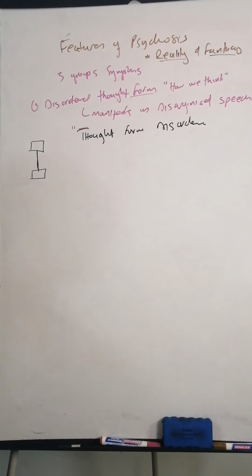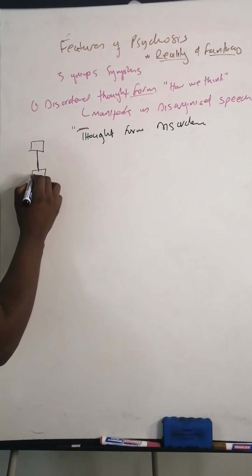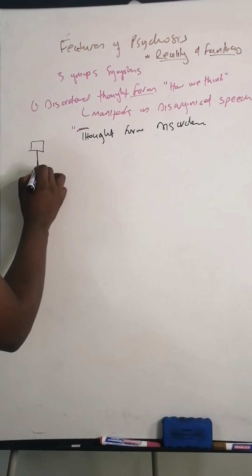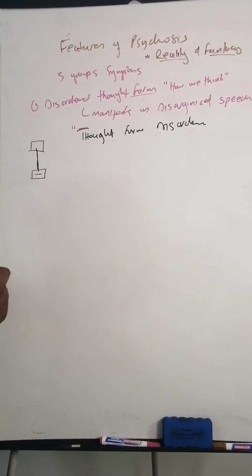Because I don't have a thought form disorder, so I'll be straight to the point. And to see that there's nothing wrong with my thoughts, you will see it in the manner in which I answer you.